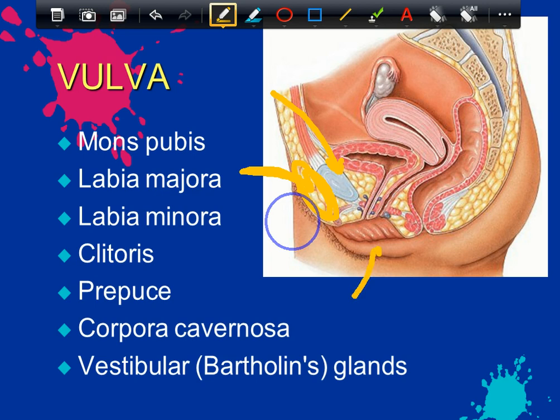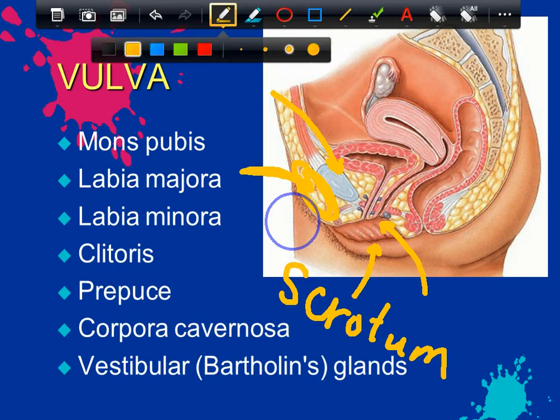Labia majora, labia minora. By the way, labia majora is the exact same material that in the male develops into the scrotum. It's analogous. Hair follicles, sweat glands, all that stuff in the labia minora.